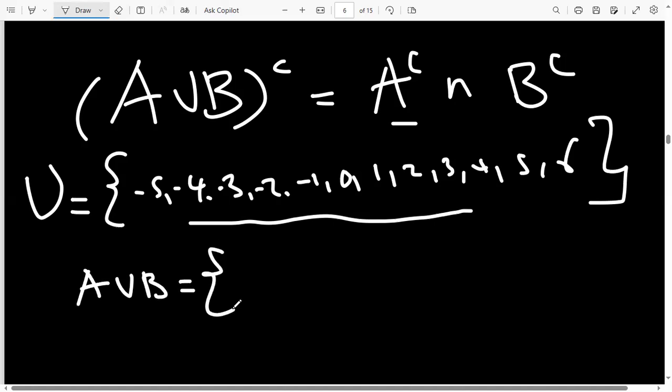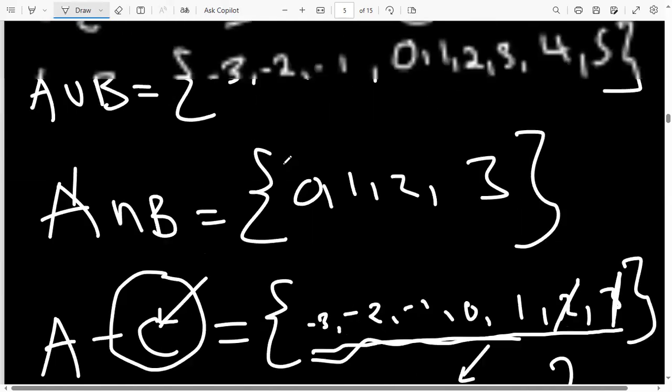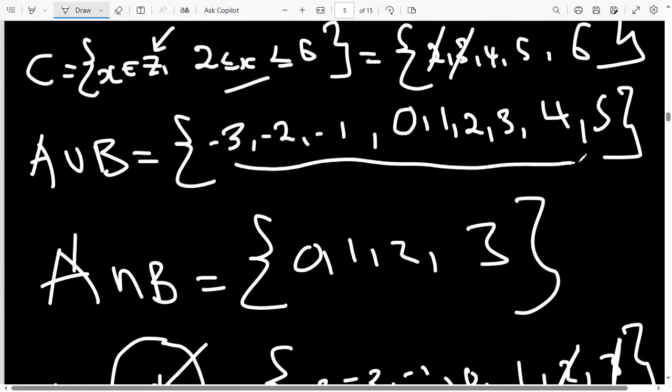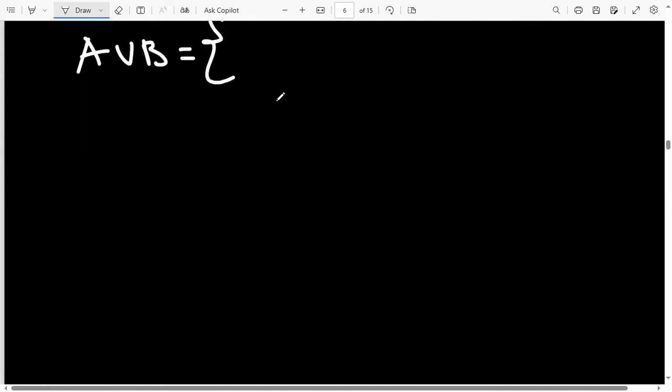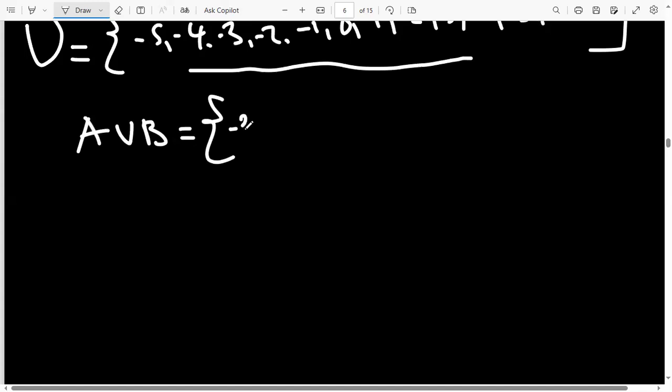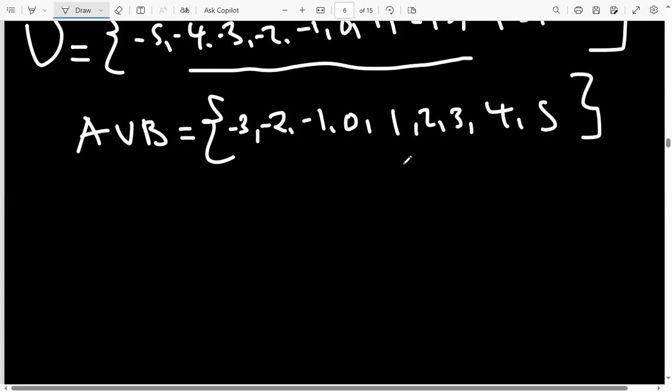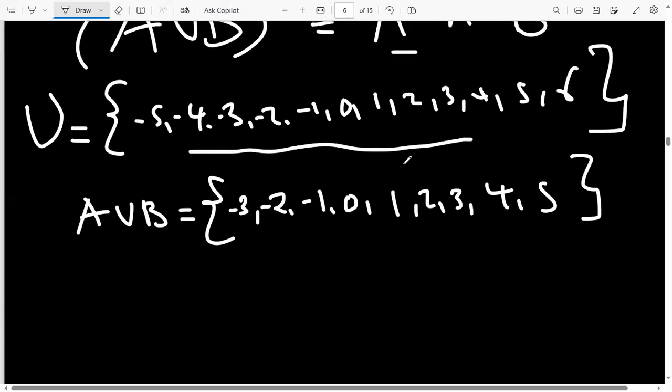Here we found it. So I'm going to write that, starting from -3 all the way up to 5. So we had -3, -2, -1, 0, 1, 2, 3, 4, 5. So this one here was our A union B.